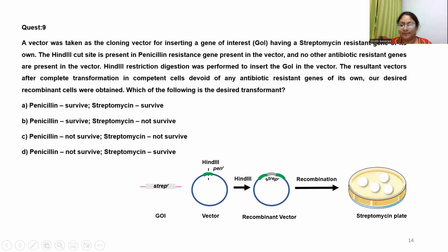So when you grow it on a streptomycin plate, your colonies will grow because of the advantage of the streptomycin resistant gene. That brings us to the conclusion D: in penicillin media it will not survive, but in streptomycin media it will survive. And all of you were correct.